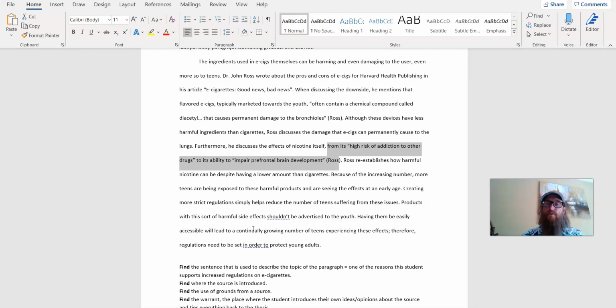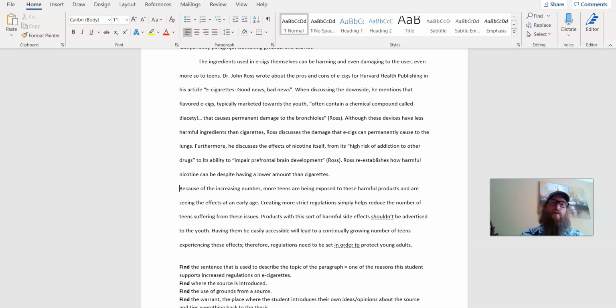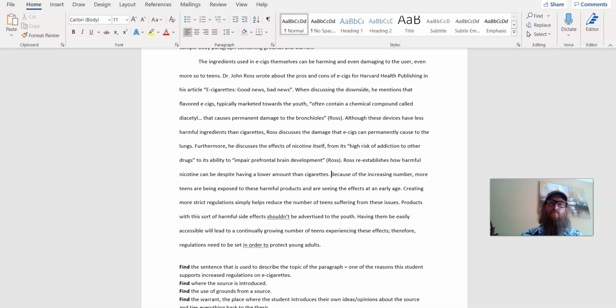However, again, we're thinking about the audience. And just like I said with the previous paragraph, if we stop here, you run the risk of the reader saying, so what? Right? You have to do the work of the warrant, right? And I do think that typically what works best is to have the grounds and then the warrant, right? Because again, for each point that you're extracting from the source, you want to show why it supports your thesis.